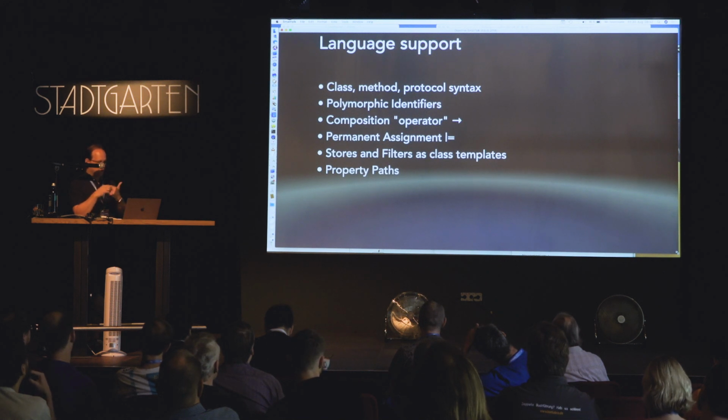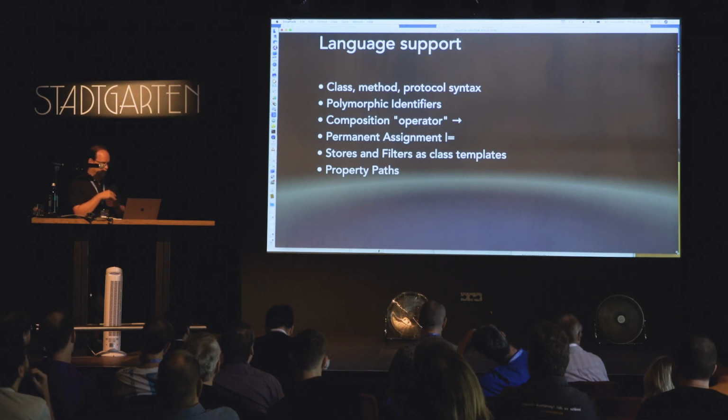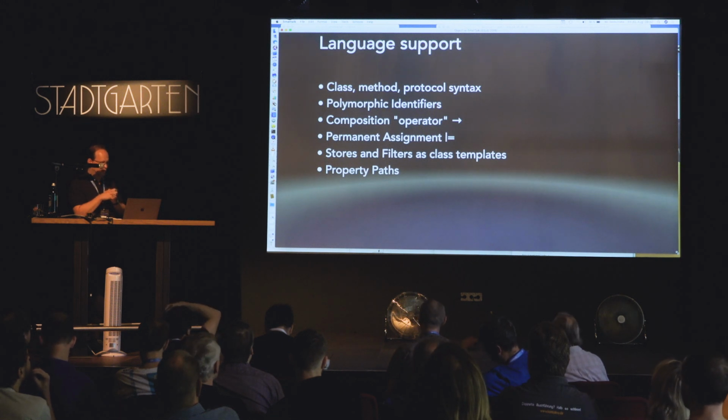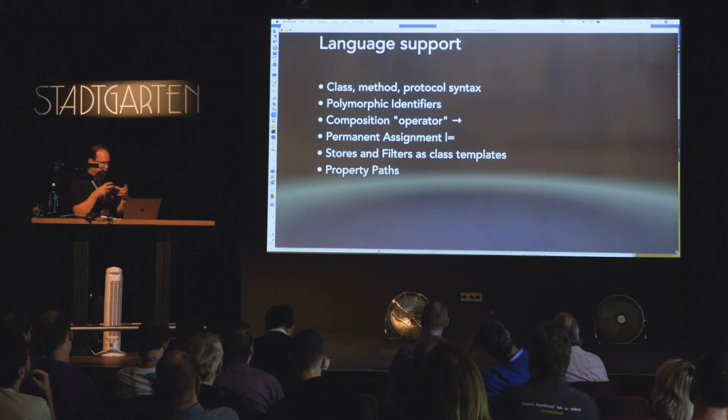And so things that Objective-Smalltalk supports: we have class, method, and protocol syntax, so we can have source code in files if you want to, or in a workspace. We obviously need support for polymorphic identifiers. There's a composition operator that just says, plug these two things together.